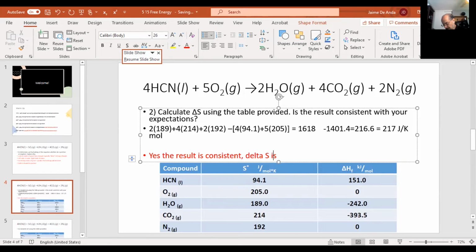Delta S is positive. That's what we had predicted before. And these are the kinds of things you do when you're looking at these problems: don't just plunge into the math blindly and get whatever. Think about, does the result I'm getting make sense? Okay?